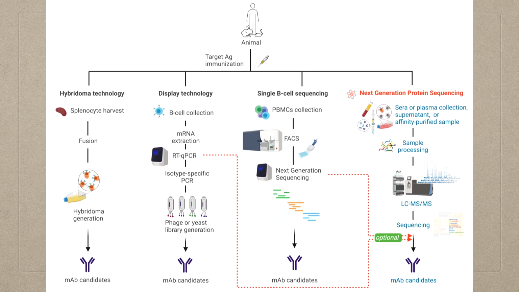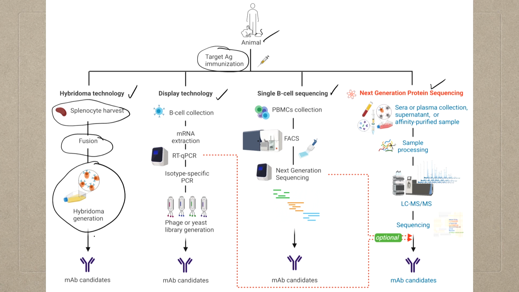Okay. Now, if I summarize this whole thing, we talked about hybridoma technology, we talked about display technology, then of course, single B cell sequencing and next generation protein sequencing. So here's the animal, target antigen immunization. In hybridoma, repeating, it is splenocyte harvest, fusion with myeloma cells, hybridoma generation, and molecular antibody candidate.